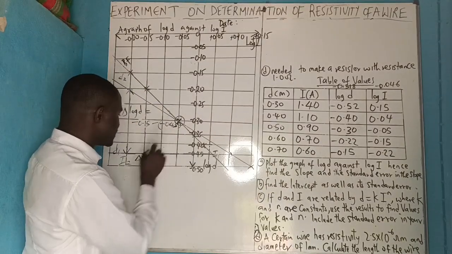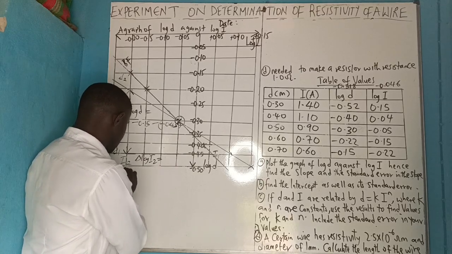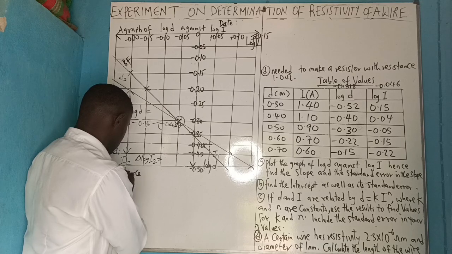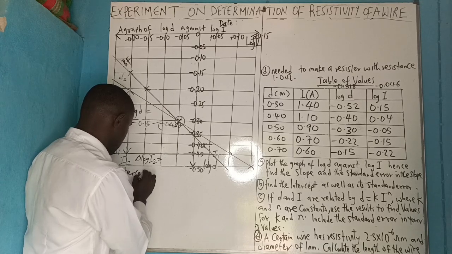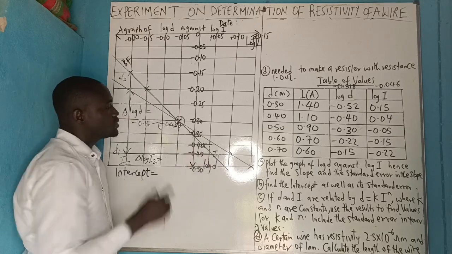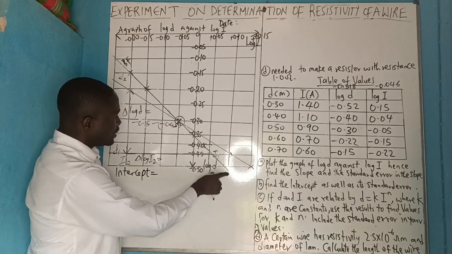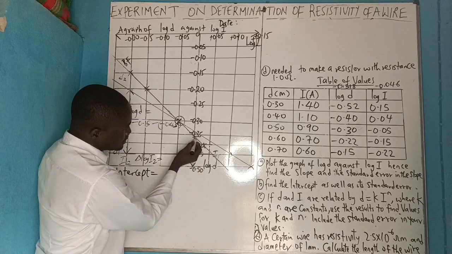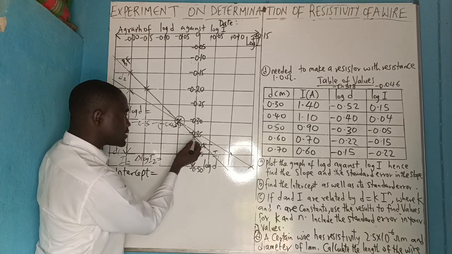To get our intercept, we say intercept simply means where it cuts the y-axis. So the line of best fit, look at this line. It cuts the y-axis at minus 0.36.